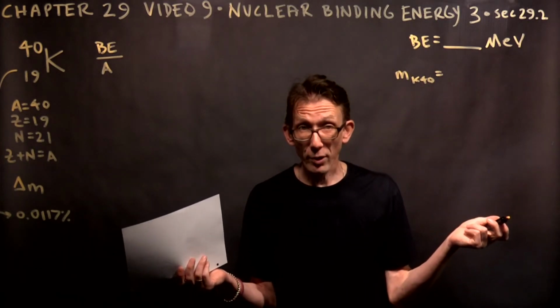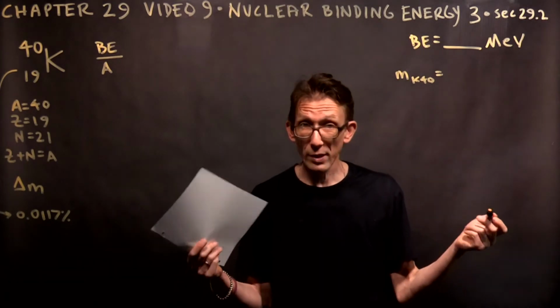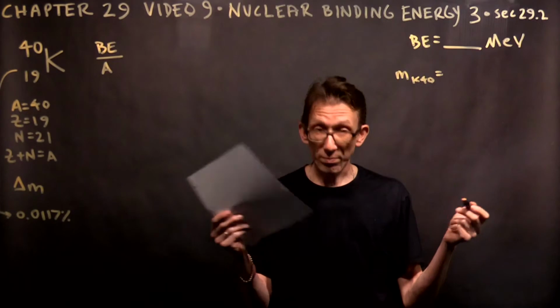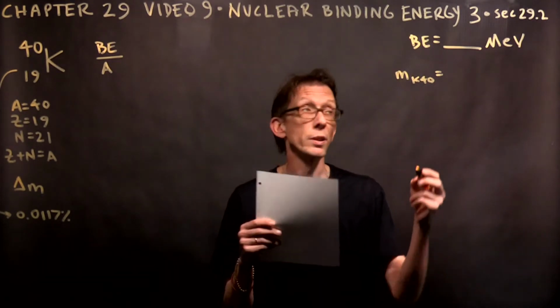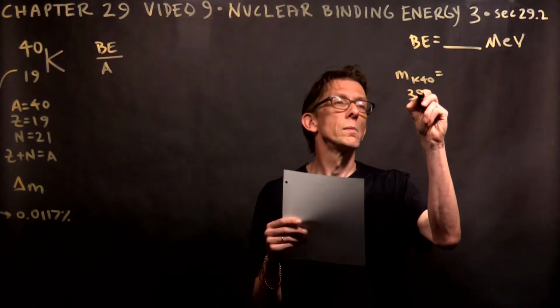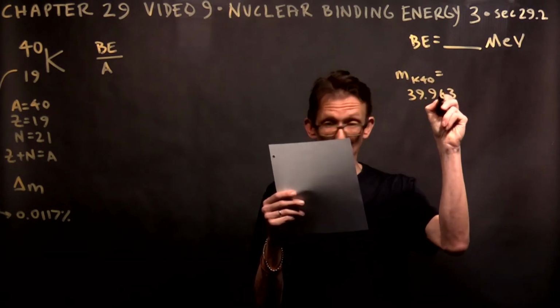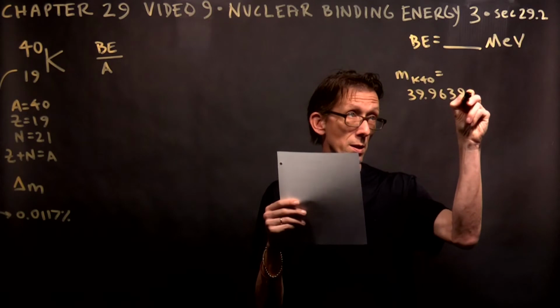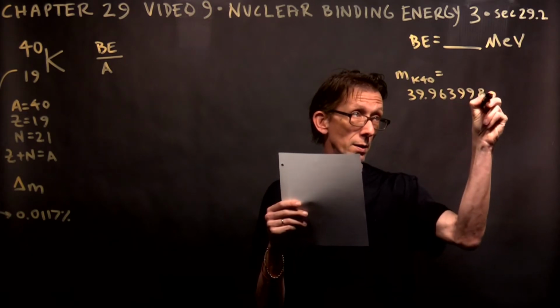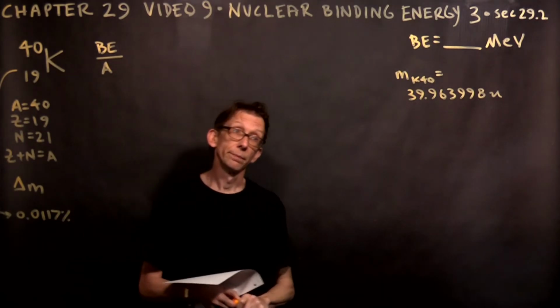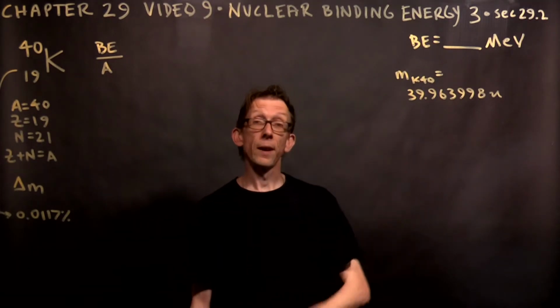There's not a whole lot of controversy or difference of opinion about the mass of potassium 40. So the information is pretty good. It's 39.963998 mass units. That's one thing we need to find the binding energy.